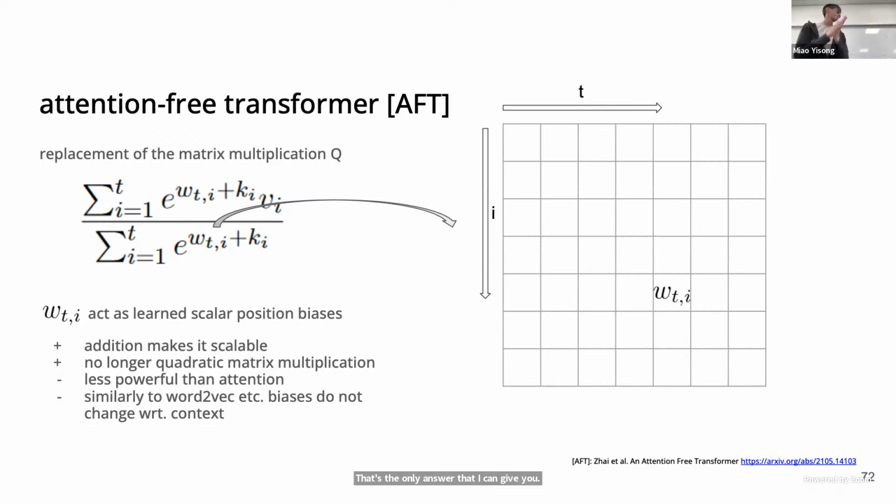Okay, so theoretically, if you add a scalar to the key, it means that normally the key would be something like in the dictionary when you have key and the value. So the key would somehow point to the value of, let's say, that token.